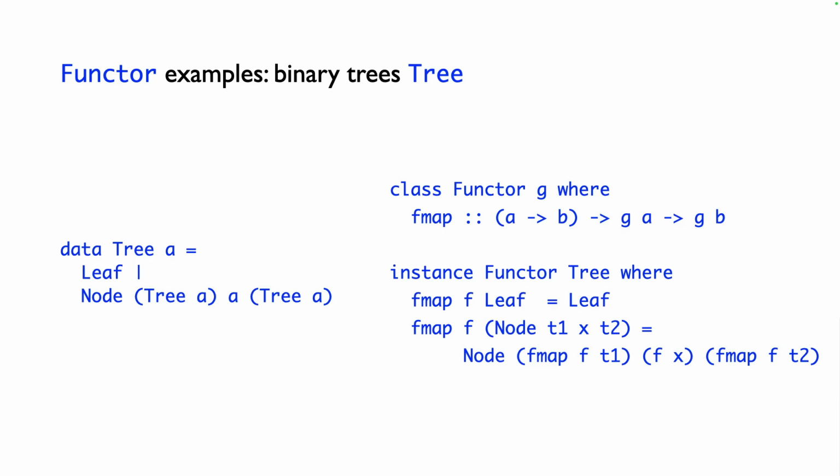If we apply fmap of f to a Node, we recursively apply fmap of f to the left subtree t1 and the right subtree t2, but we apply f to that value x of type a that's sitting there at the node, and that gives us a value of type b. So that runs through, and you can see we have mapped here. The tree is a complicated structure, but at each internal node there's a value of type a, and what we've done is apply f to transform that to something of type b.